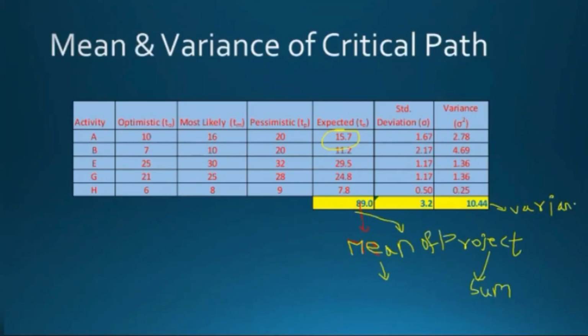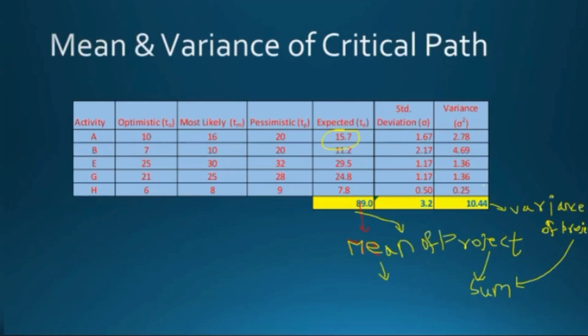Again, this is the term we call sum. So the variance of the sum is the sum of the individual variances.